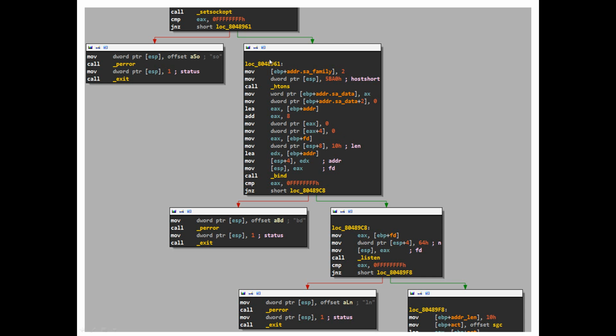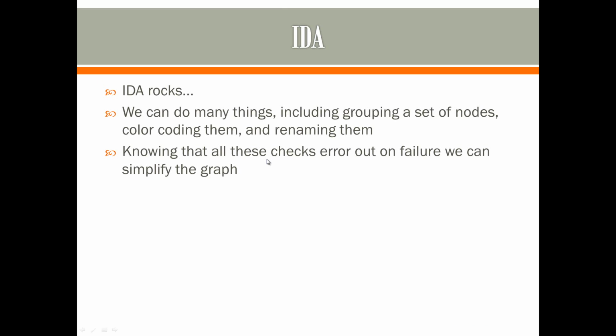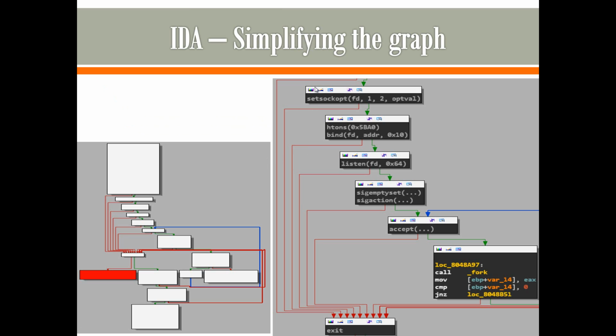So we could leave it in this big format, where you're literally seeing the assembly, or you can do what IDA calls grouping the nodes, and you can group a node by itself, or you can group multiple nodes together. And you just put a short little summary of text in here to display what you want to see. So from the high-level view, this graph has been reduced to just a couple little basic blocks and checks. Now these could actually be grouped even further, and this could just be one block right here that says set up the socket or fail.